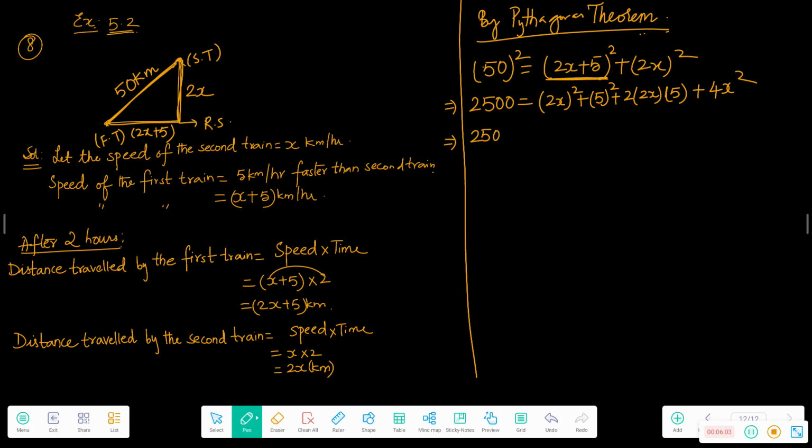Sorry, just a minute. Here we will get 2x plus 10. So 2x plus 10 whole square.